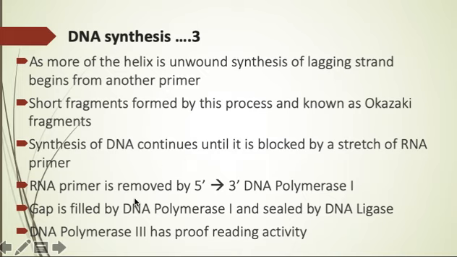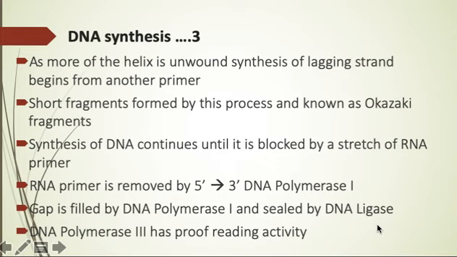The RNA primer is removed by the 5' to 3' DNA polymerase 1 enzyme. When the RNA primer is removed, the gap is filled by DNA polymerase 1 enzyme, and this is sealed by another enzyme, the DNA ligase enzyme.